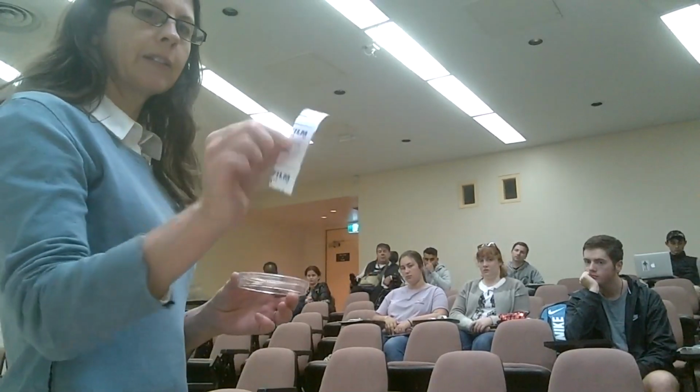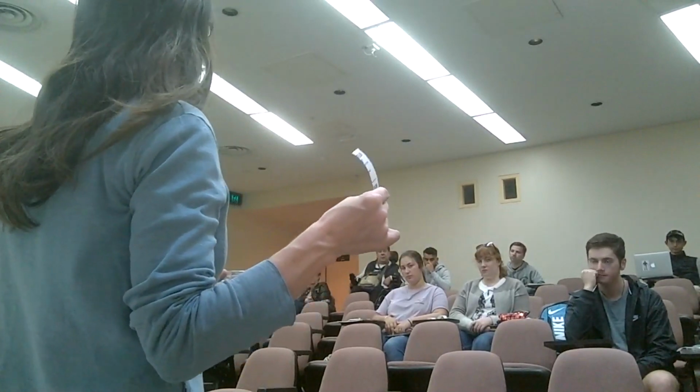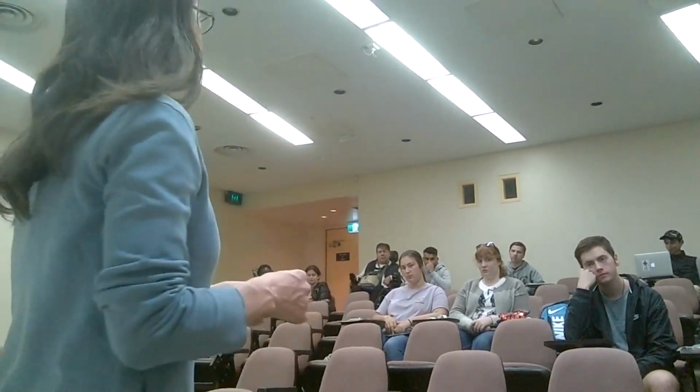So in your DIY kit, you will get this stuff, which is called parafilm. Have you all used this before? It's like sellotape. It's a very stretchy material. It's very expensive, by the way, and it's made out of silica.